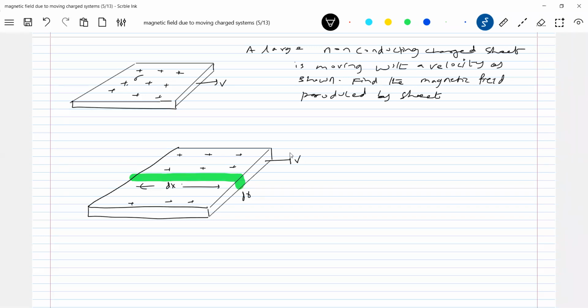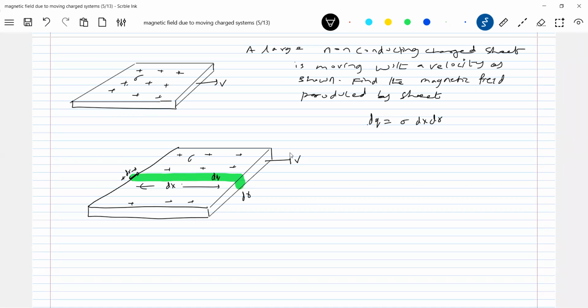Now look at this, how much charge dq is present, and what is sigma? This width will be dr, no? So dq, you can write as sigma into dx into dr. So I'm able to define the charge.